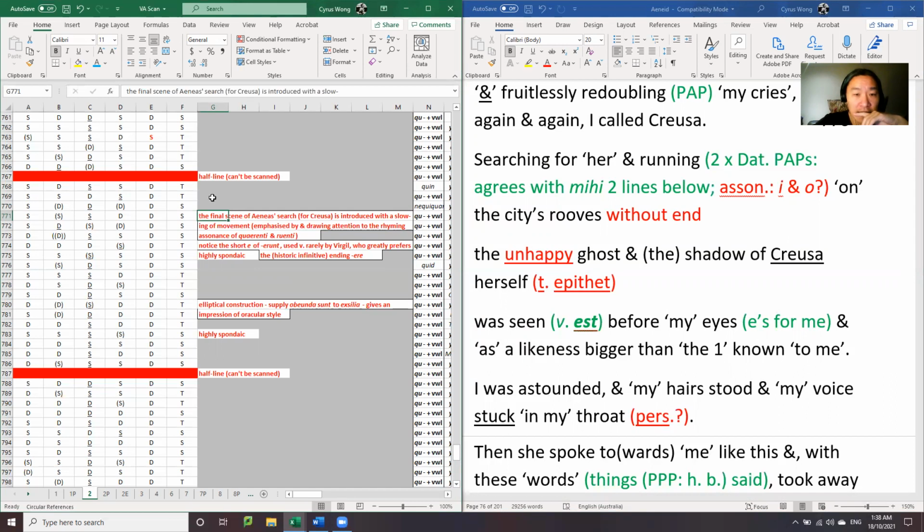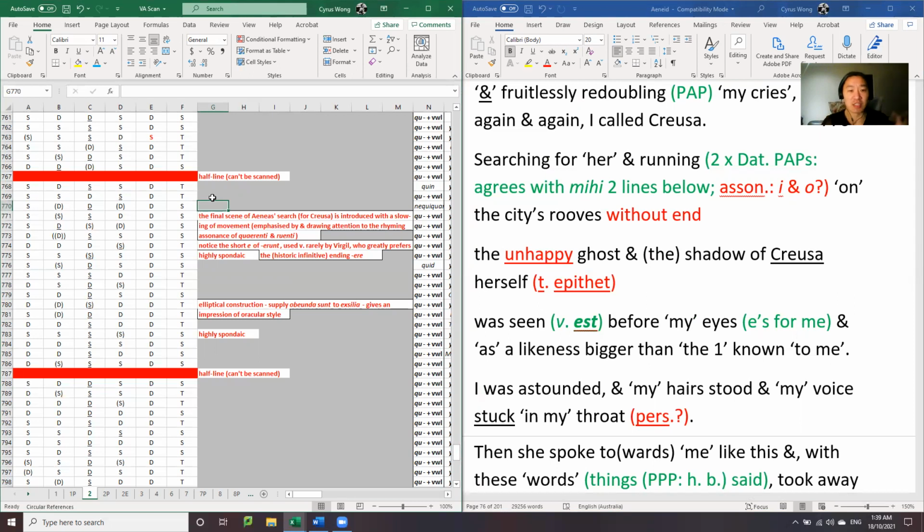And the slowing of movement is emphasized by and draws attention to the rhythm, the rhyming assonance of quaerenti, ruenti. So one last search, one last run, you could say, before he sees her apparition. The slowing of the movement could denote that he stops moving.